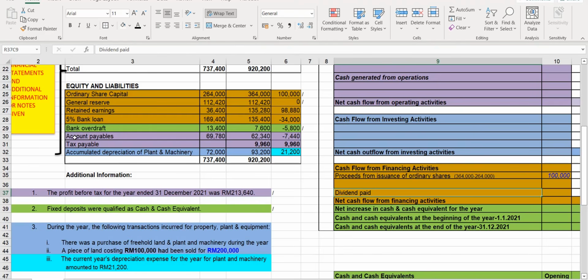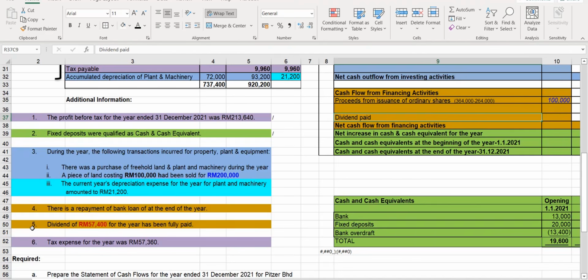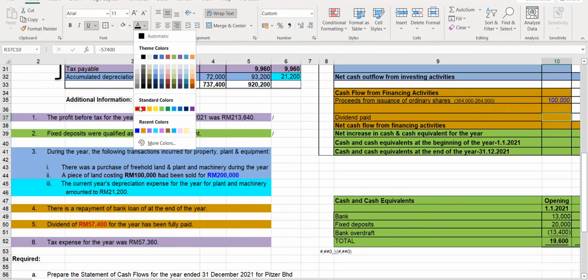But in your case, you do not have to reconstruct the retained earnings, since the dividend is given in number 5. You can see this information number 5. You are directly being informed that 57,400 for the year, which is the dividend, has been fully paid. So therefore, you just pick up this 57,400, sorry, and you will put it in the section here.